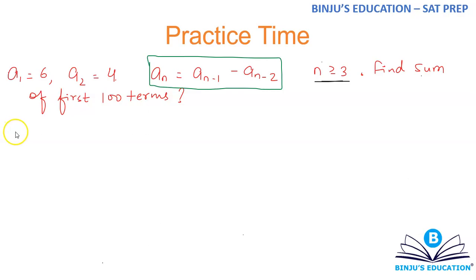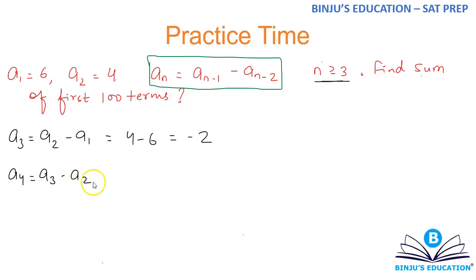So if I start with a of 3, a of 3 basically means a of 2 minus a of 1, which is nothing but 4 minus 6, which is equal to minus 2. Similarly, a4 is nothing but a of 3 minus a of 2, which is minus 2 minus 4, which is equal to minus 6.